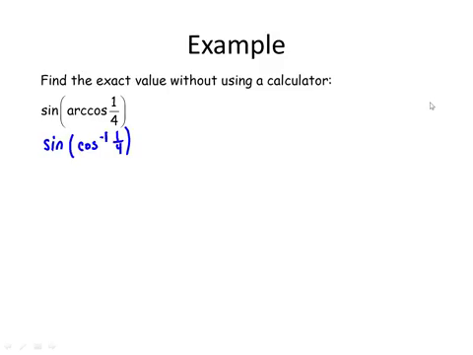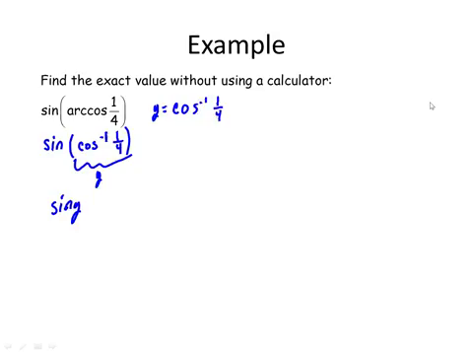Okay, so what are you going to do? Well, you're trying to figure out sine of what? What I do is I just let it be y. So watch this. Y equals, now I'm letting this be y, so I'm going to figure out sine of y. y is equal to cosine inverse of 1/4.